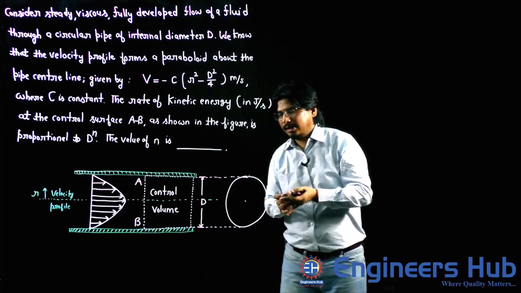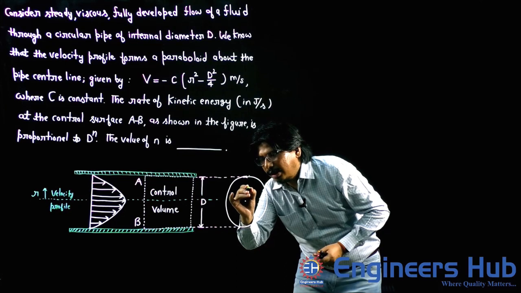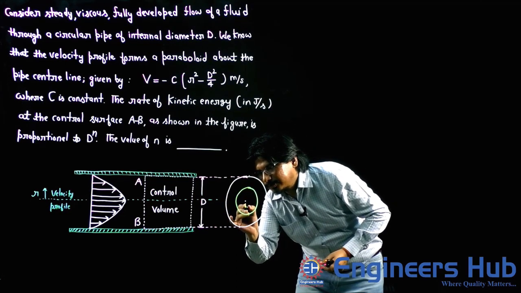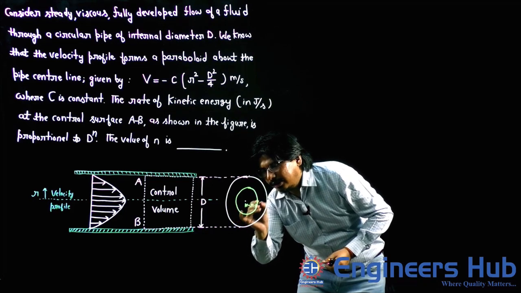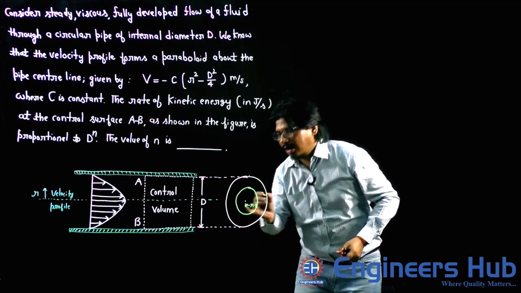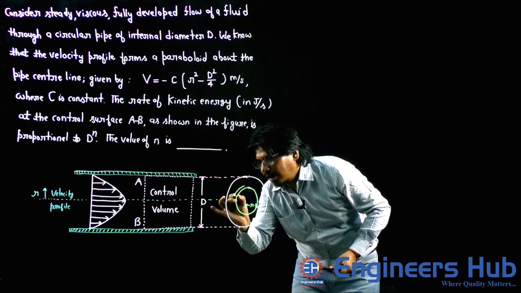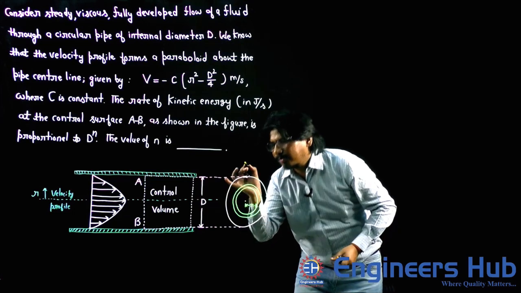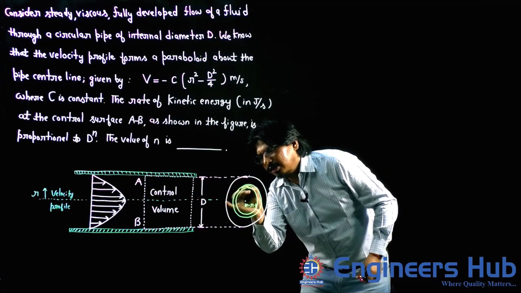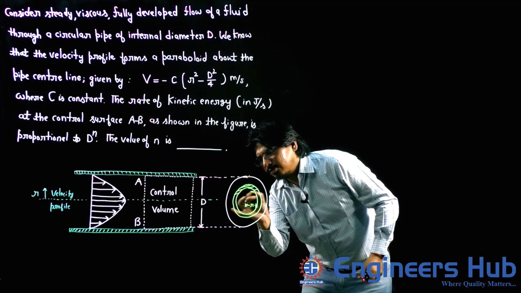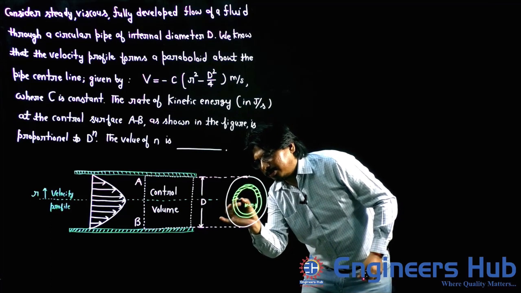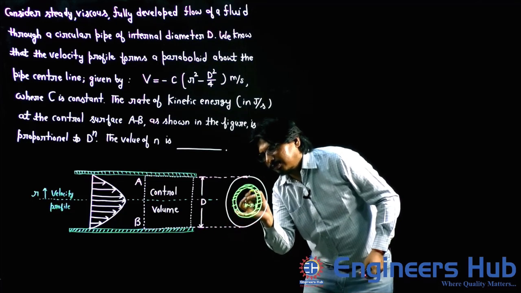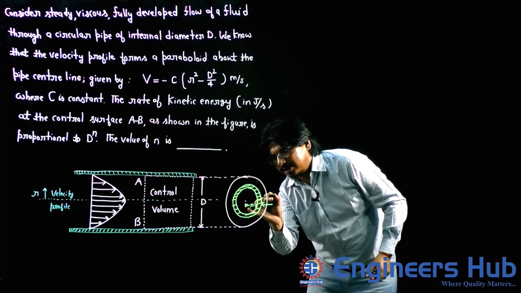Let me say at a distance small r, I am assuming a thin circular strip of thickness dr. So let me say this is one small thin strip having thickness dr. So this is basically dr, my friends.